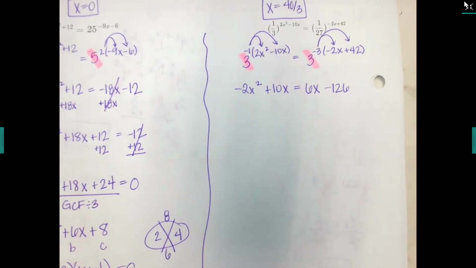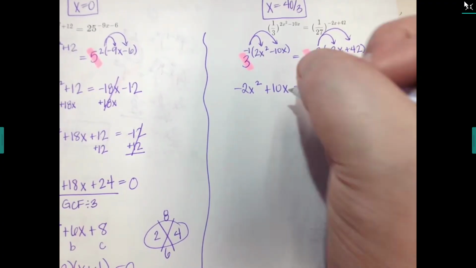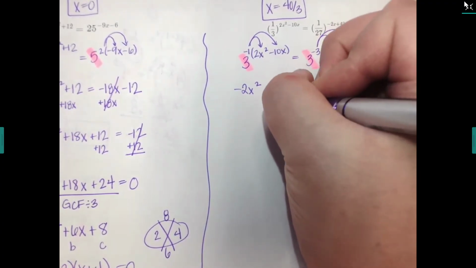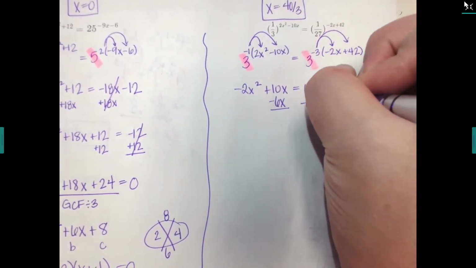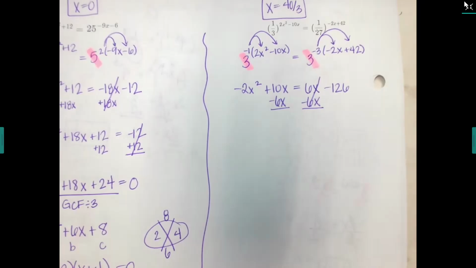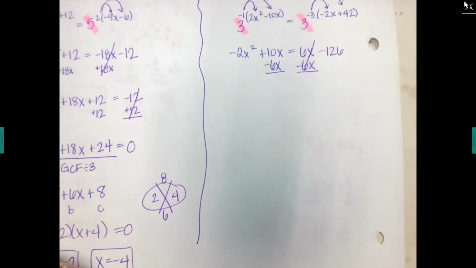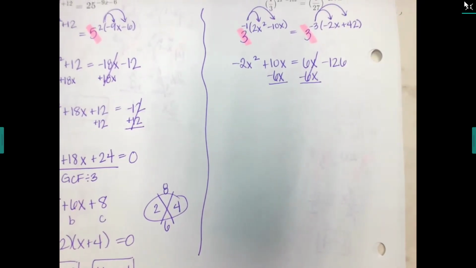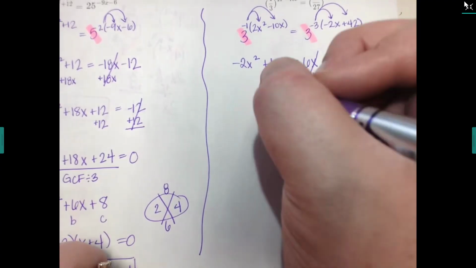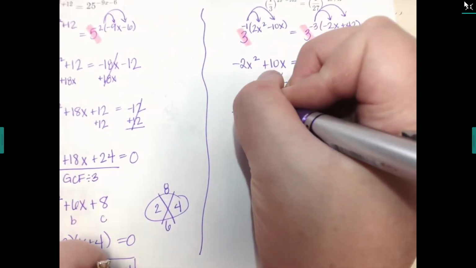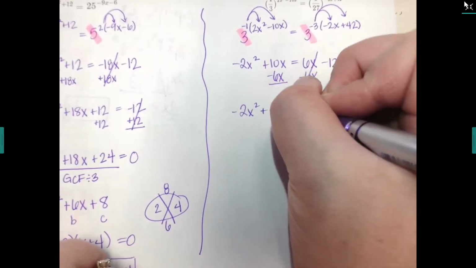So when I move my 6x over, where will I have to line it up under? The 10x. If there's already a like term, you want to stack those. So when my 6x comes over as a minus 6x, I'm going to take it away from the 10x. How many will I have left? 4x. Very good.